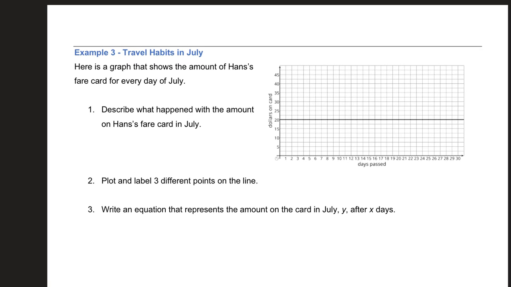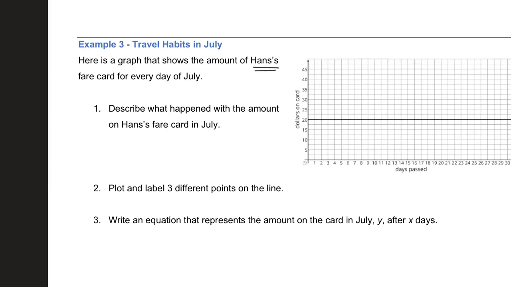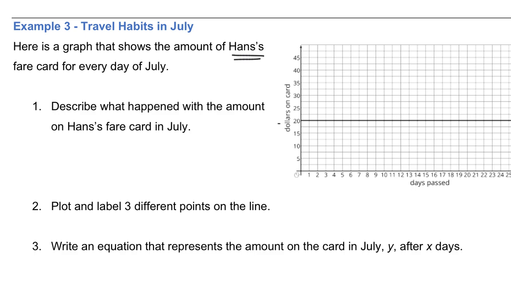And our last example, here we have a graph that shows the amount on Han's fare card for every day of July. We want to describe what happened with the amount of money on Han's fare card in July. This is a straight line, and no matter what day we're looking at, it's at $20 every day.